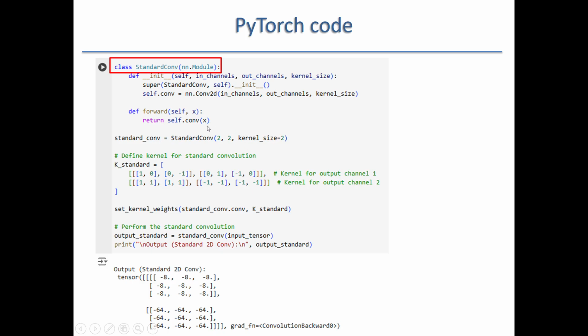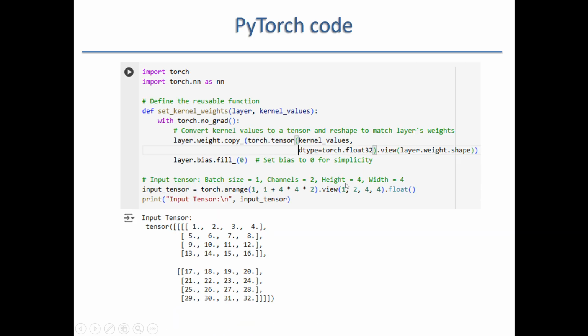So let's say that we define the standard convolution with this class of size 2 times 2, meaning 2 input channels, 2 output channels, and the kernel size is 2, and then we have to set the kernels. The meaning is, as we have seen before, all the channels will be contributing to the output, and each one is using its own kernel.